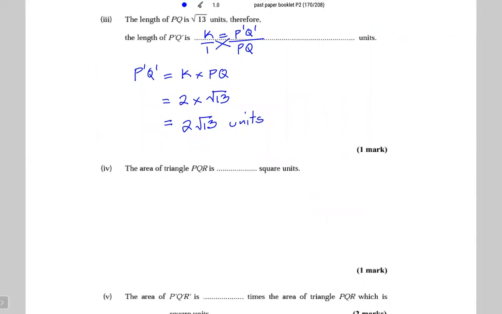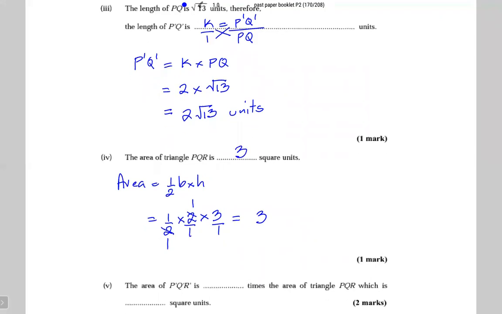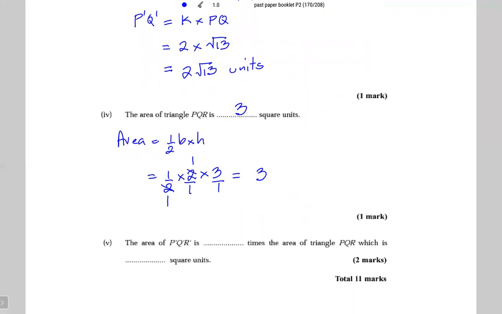So the area is equal to half base times height. So that would be a half multiplied by the base, which is 2, times the height, which is 3. 2 cancels 2. So this is equal to 3 square units.